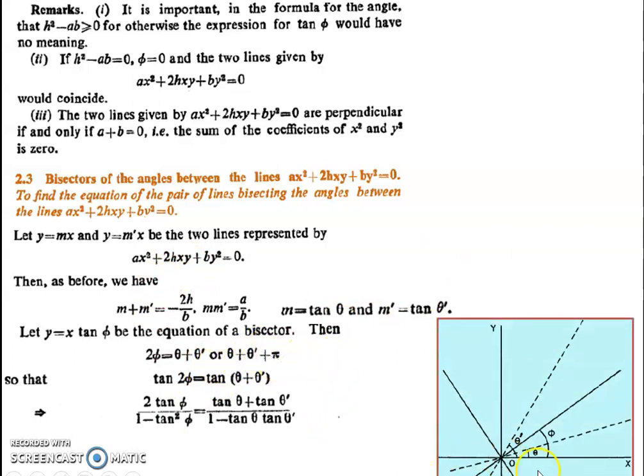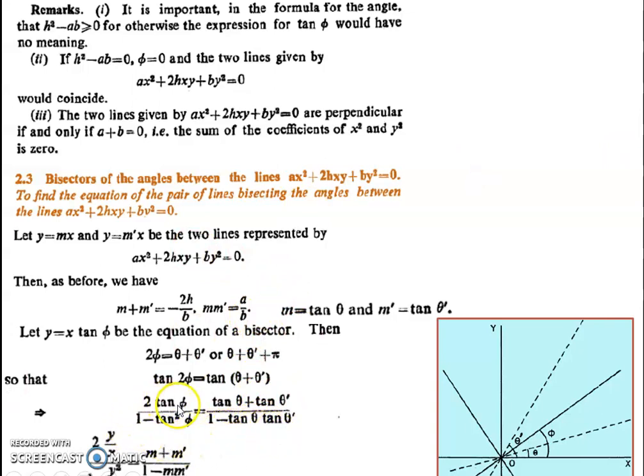Just see the figure. So taking tan both sides, tan 2 phi is equal to tan of (theta plus theta dash), and I apply trigonometry. So 2 tan phi over 1 minus tan square phi is equal to (tan theta plus tan theta dash) over (1 minus tan theta tan theta dash).